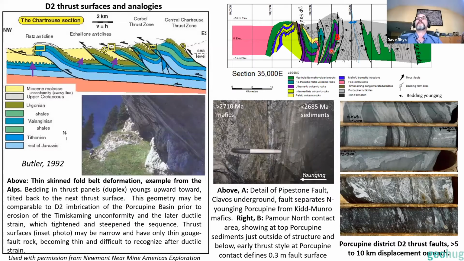In this case, in the upper right, this is a schematic section through the Porcupine Basin, the Timmins area, with the younging directions I've measured from graded bedding, showing that they are younging outward from the core here. So these sediments in the middle, which are the youngest rocks, are actually in the middle of the anticline, where you'd expect the oldest rocks to be.